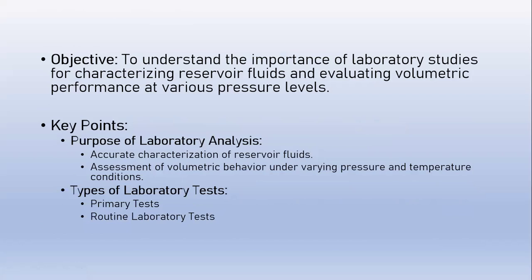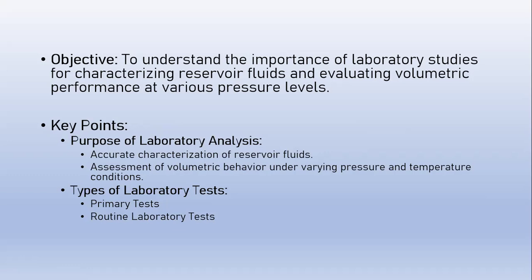We have two main types of laboratory tests, the primary test and the routine laboratory test. The primary test is done on site. Upon completing the exploratory well, when they collect the samples, they do some tests on the well site. Then there's the routine laboratory test.